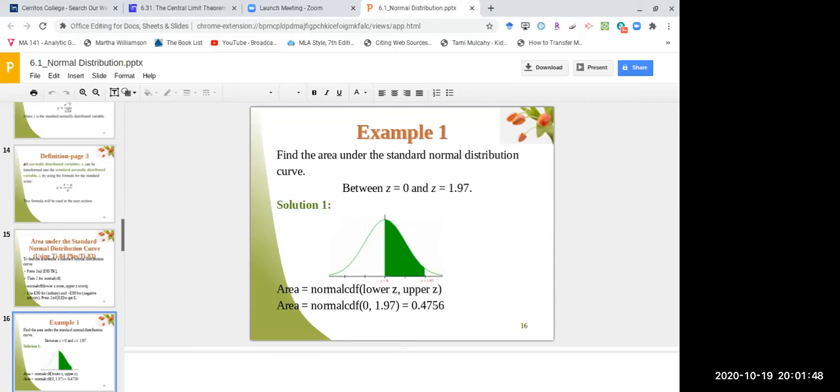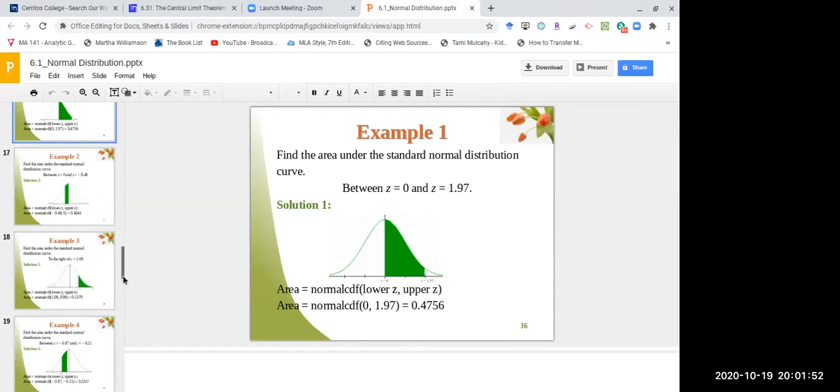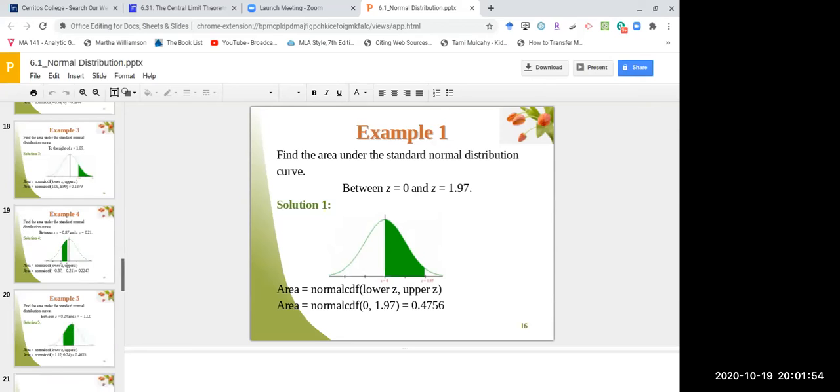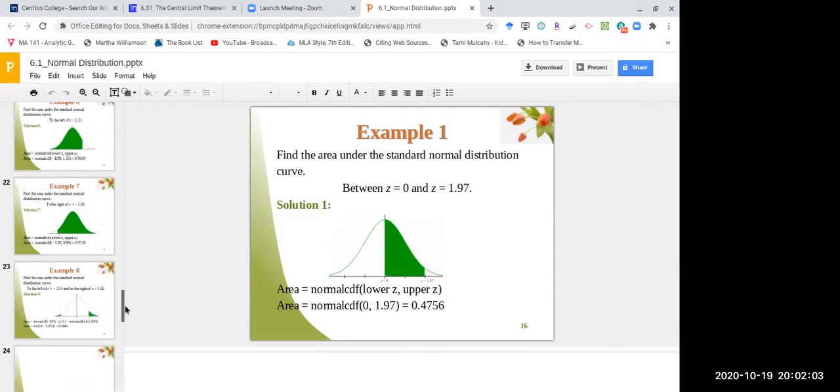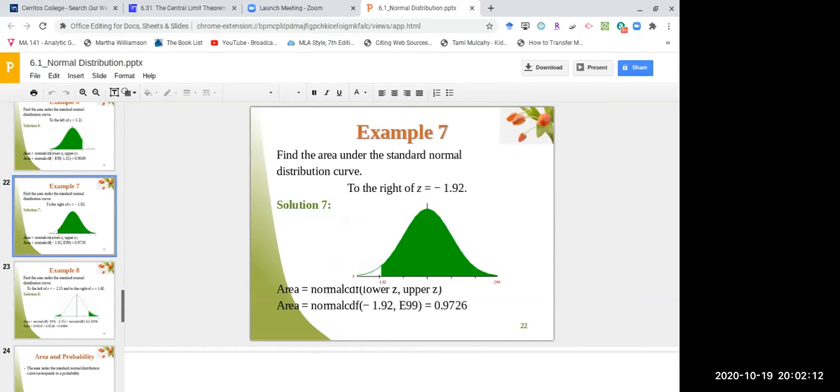Now, this concept of finding areas under curves and also finding the z-score that corresponds to a given area under the curve is something that we extend in section 6.2. So let me remind you of what those look like, and then let me show you the slides for 6.2.